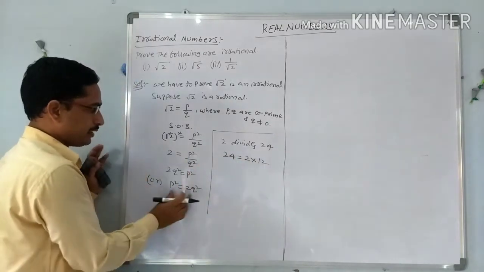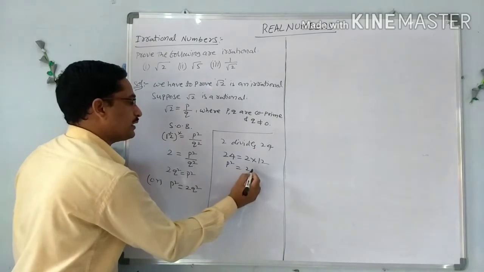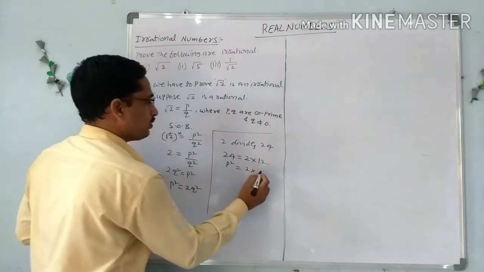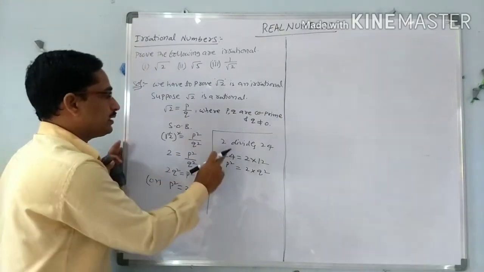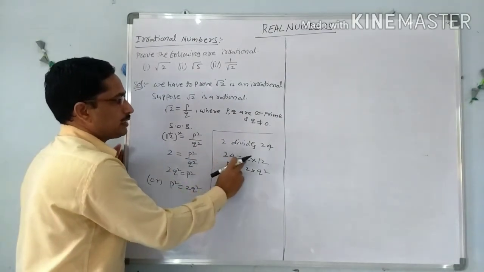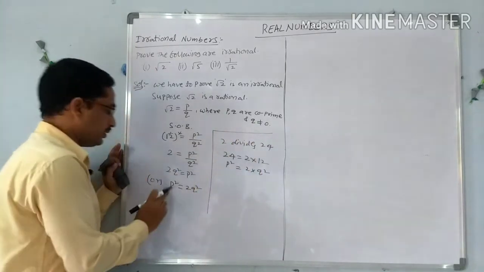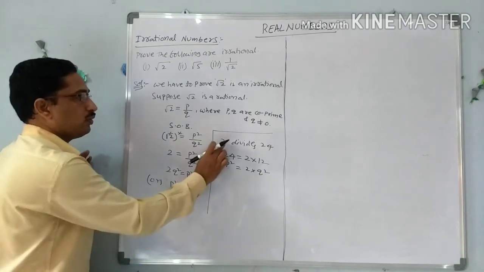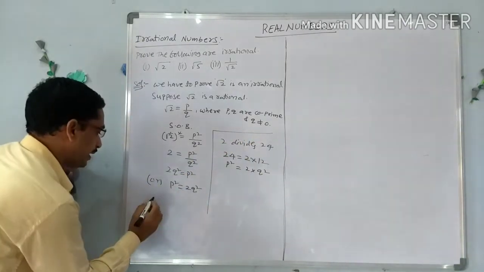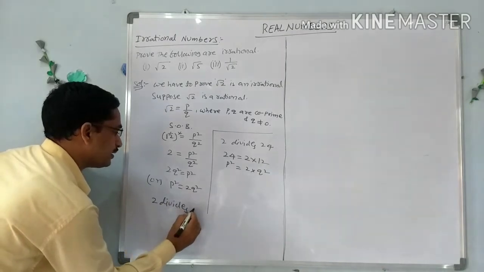The same steps here: in place of p square is 24, 2 as it is, and in place of q square is 12. So if 24 is written as 2 into 12, then 2 divides 24.